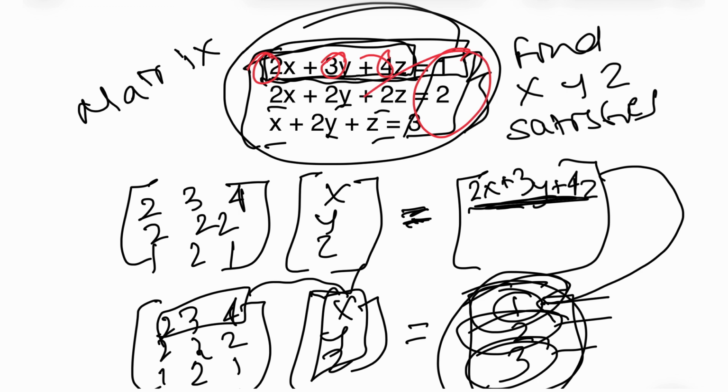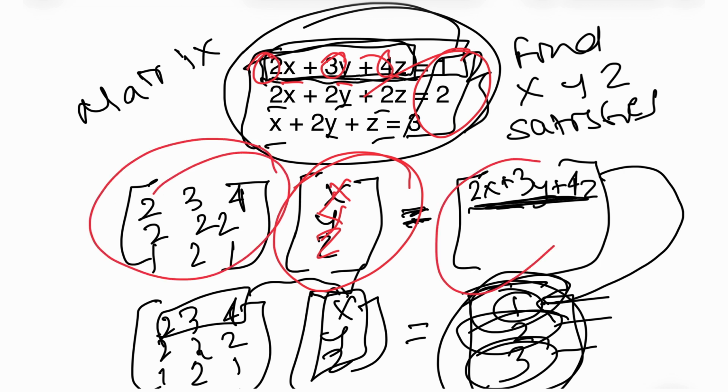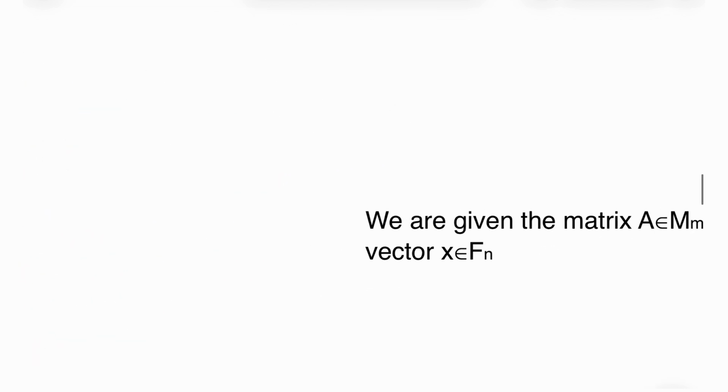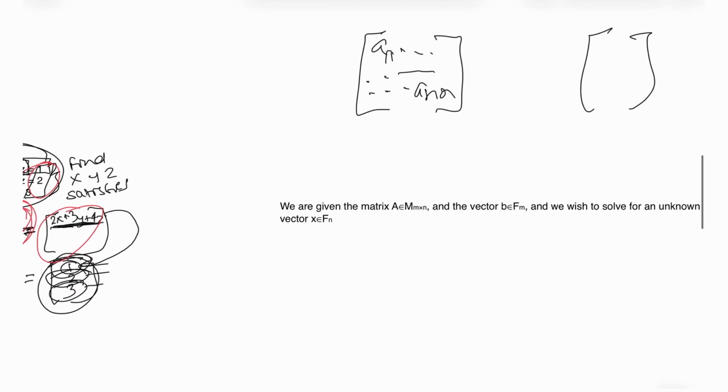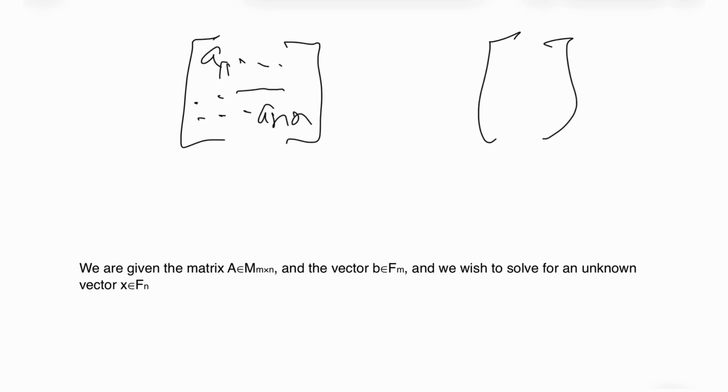What are we trying to find? I said earlier, we're trying to find X, Y, and Z, right? X, Y, and Z is just conveniently written in this vector. We know this, we know this. We're trying to find X, Y, and Z. It's the same thing written in fancy math.